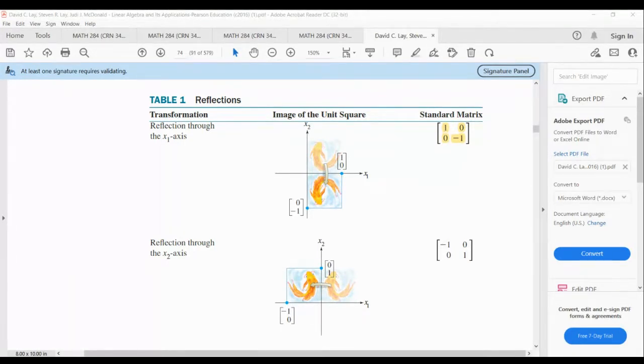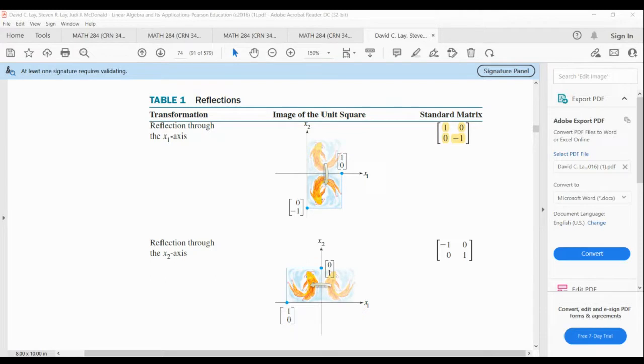If we look at the second example, here we have a reflection through the x2 axis, the vertical axis. So in this case, they have a -1, 0. How do they get a -1, 0? What vector are they transforming to get the -1, 0 there? That's right, Cameron.